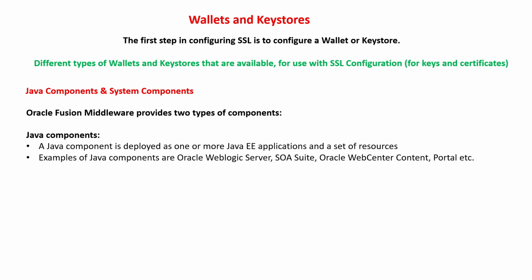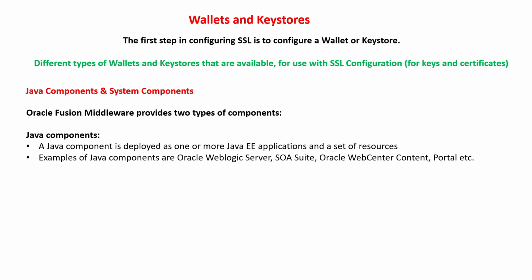Specifically, when we talk about Oracle Fusion Middleware products like, as I said, WebCenter, SOA Suite, and some of the identity management solutions, if they are completely based on Java, then what we do is install the Oracle WebLogic Server, which is called the Fusion Middleware Infrastructure.